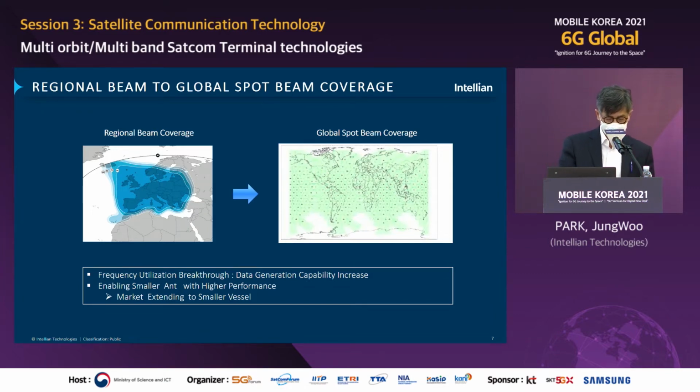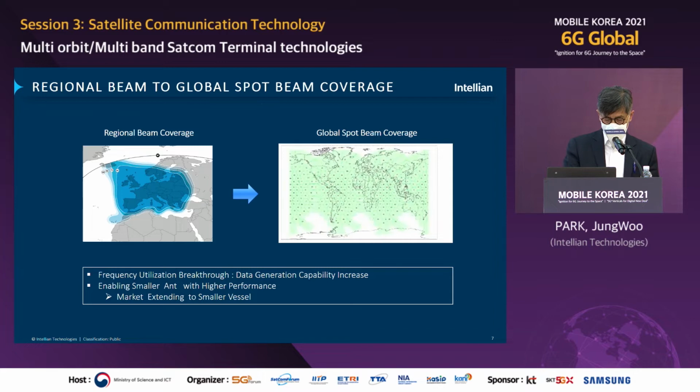As a form of HTS with multi-beam, maybe it is easy to understand what this is. This slide shows that the traditional Satcom beam is regional, quite a big single beam. But the right-hand side is a global spot beam system.